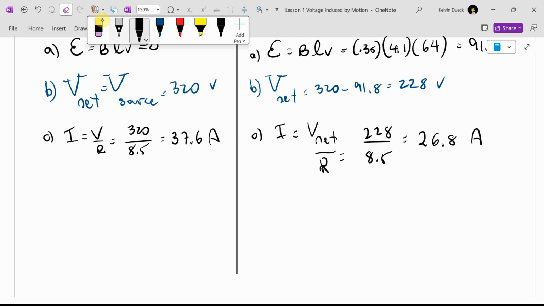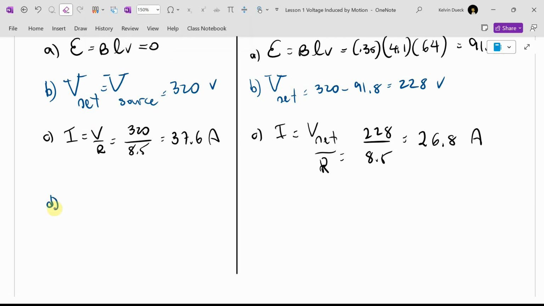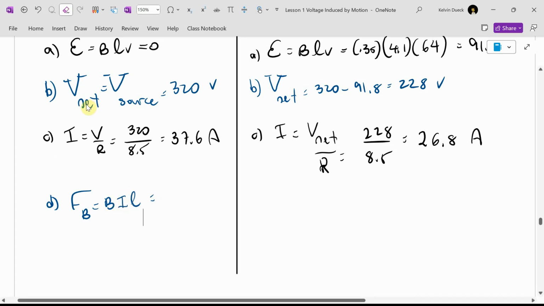Ella, what's D want me to find? On the wire? Hey, that's BIL. So it's going to be, I've scrolled down. What was the magnetic field? 0.35? Current, 37.6.